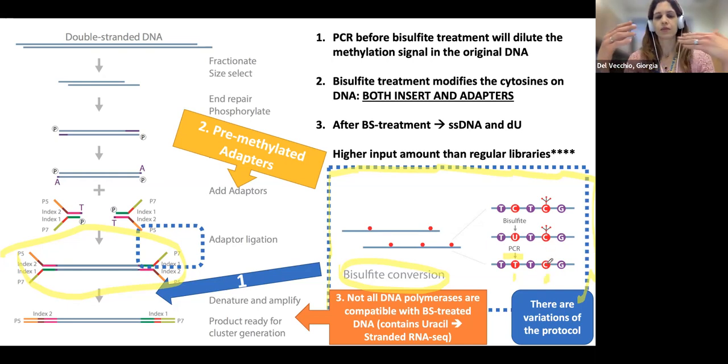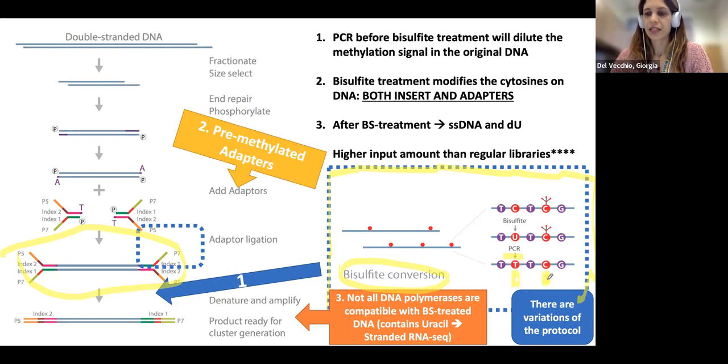So when we look at the final reads, when we align our final reads to the reference genome, if we expect to see a cytosine and we actually find a thymine, it means that this region was not methylated.